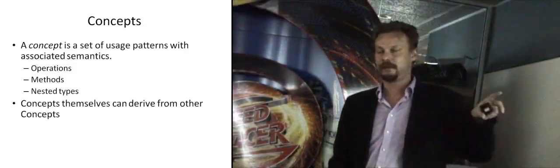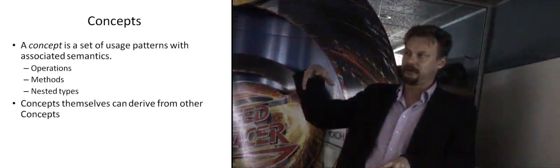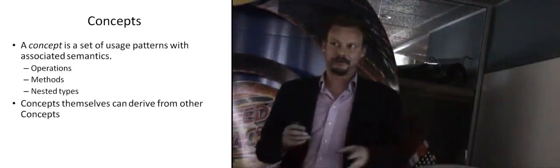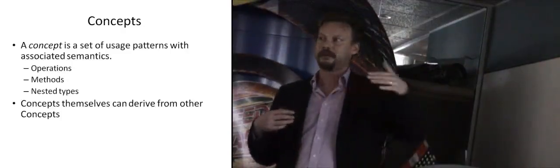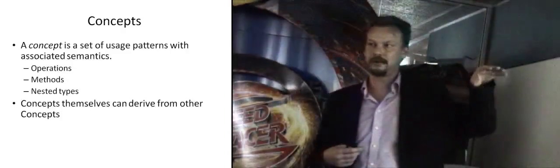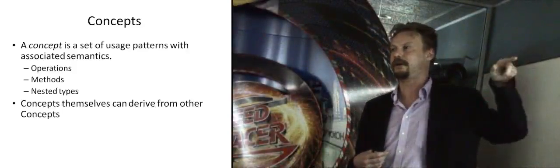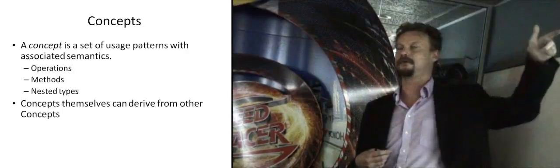This is the same thing, but elevated up one level, where you've got a concept which describes usage of both types and instances, not just instances and not just types. And you can derive from one concept to another. So at the base of a hierarchy, you might have trivial iterator, which means an iterator is something which has got a dereference operator, which gives you a reference to what it points to.